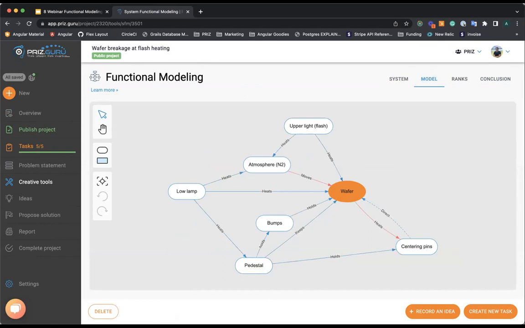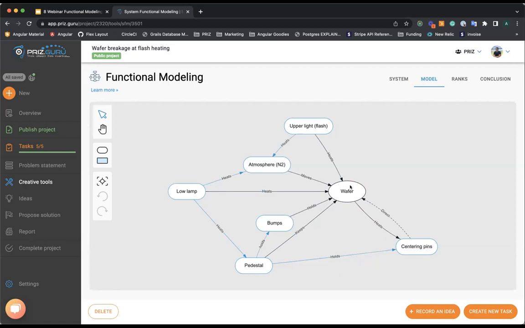We're defining the components, we're defining the functions, and we're trying to think how we can create the problem that we see, the failure that we observe within the system, in this case in the wafer, on the product. How can we create a symptom that we see? This is what we're trying to model, and this is very important.